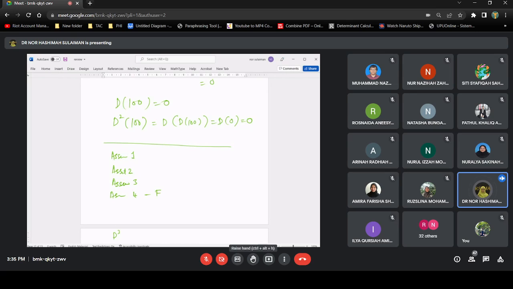Dia ini adalah final exam. Final exam is 60%. Yang ini kita ada bahagian A dengan bahagian B, total dalam 35 tambah 15 markah. So yang ini percentage yang kita akan ambil adalah 5%.